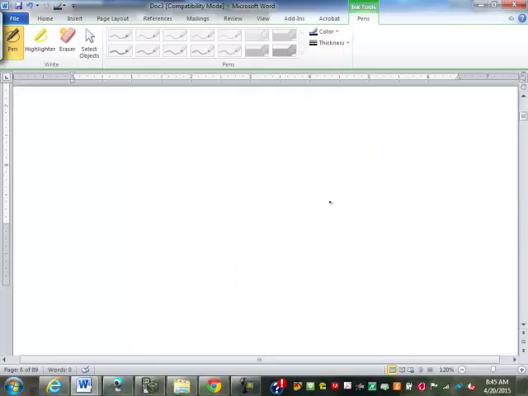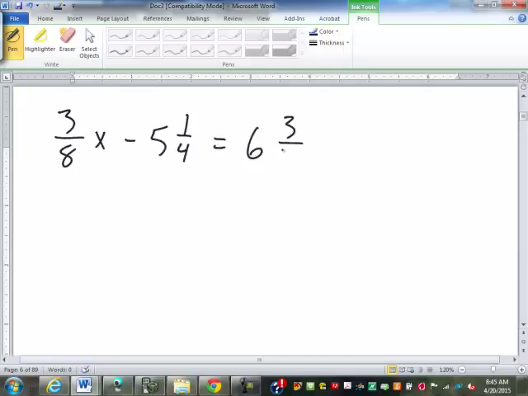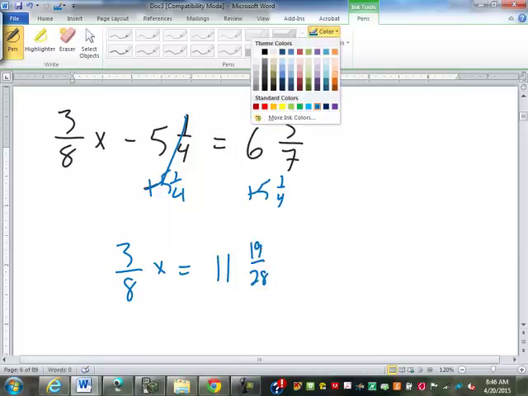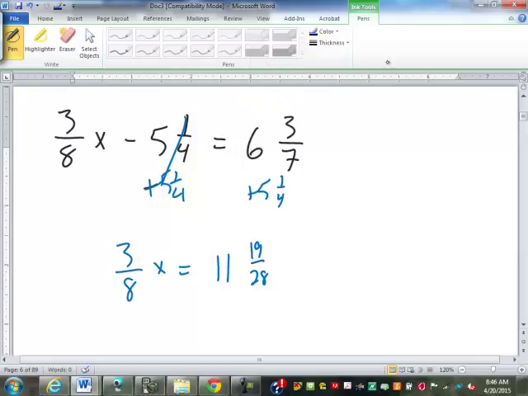Here's one for you to try. So we're going to add the 5 and 1/4. Well, some people bring calculators to math class. So 3/8 x equals 11 and 19/28. Okay, so x equals.